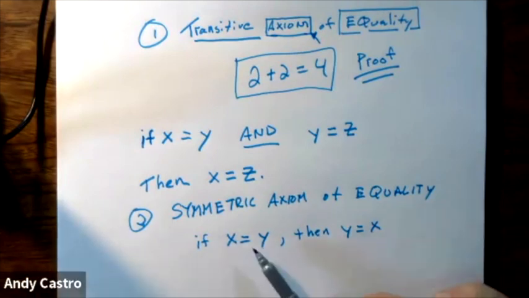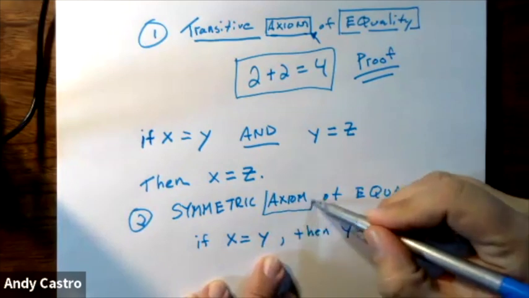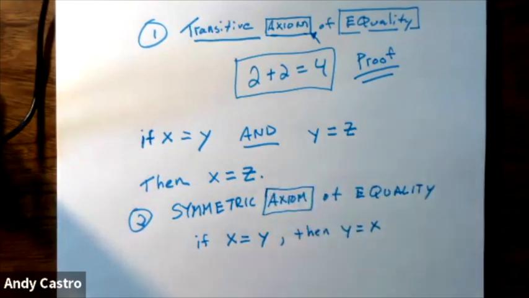If x is equal to y, then y is equal to x. Now that may seem obvious to you, and it should, because again, these are axioms. These are things that we are assuming to be true about mathematics that we can use for more complex applications, and we can build on our knowledge.